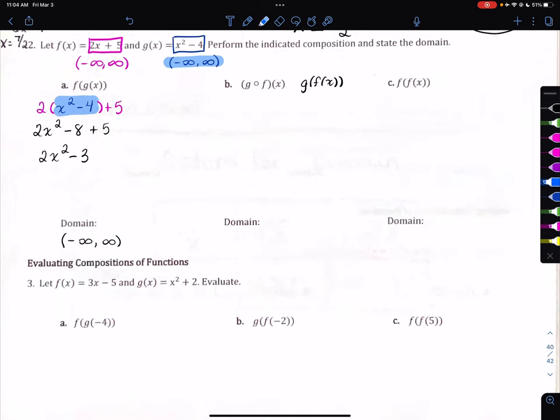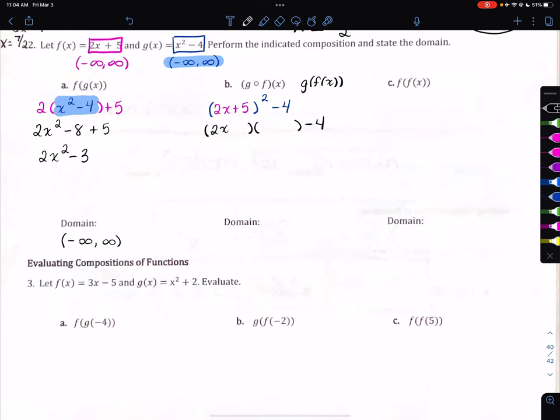So we are going to have x squared minus 4. And the f of x equation is going to be 2x plus 5. All right, now here the square is touching the parentheses. So that means we are going to square what's in the parentheses. And then still have that minus 4 at the end.